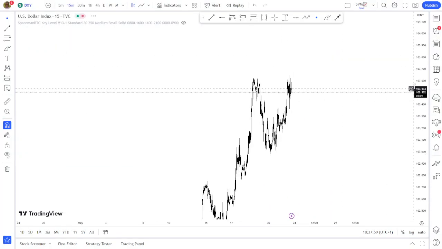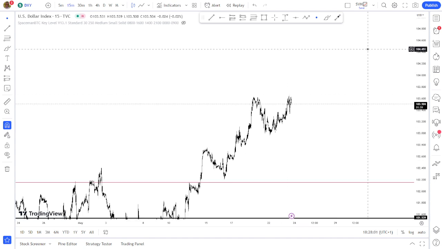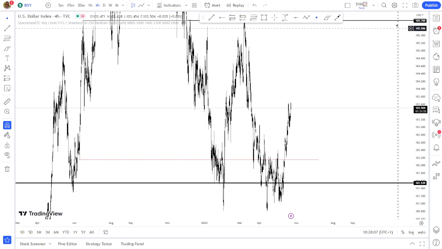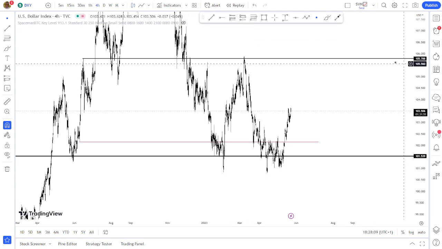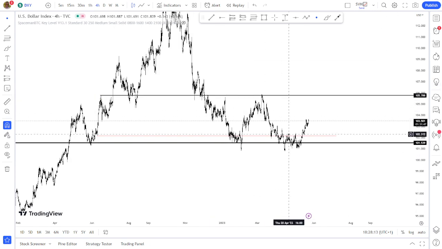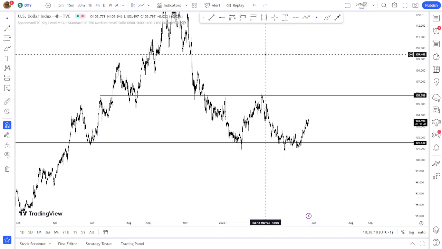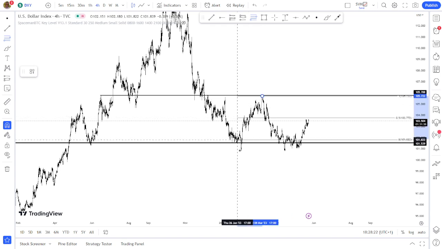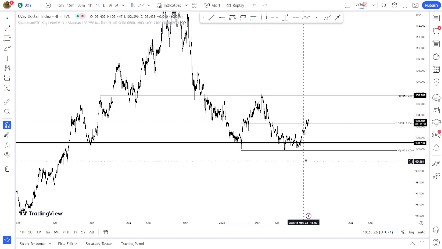So for DXY, what I've been looking at, let me just plot it again. This is the range I'm working with. This is the high here, and this is the low here.